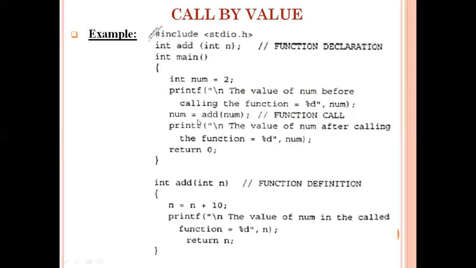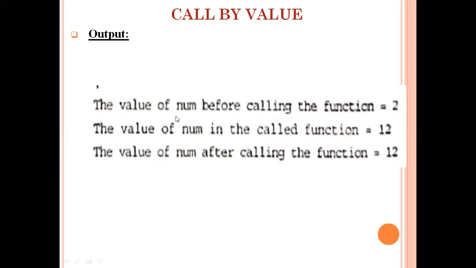Now the value of num is updated to 12. Return 0. If you execute this program, we will get the output: the value of number before calling the function 2, the value of number in the called function 12, and the value of number after calling the function, that is in the calling function, 12. So this is the output of this program.